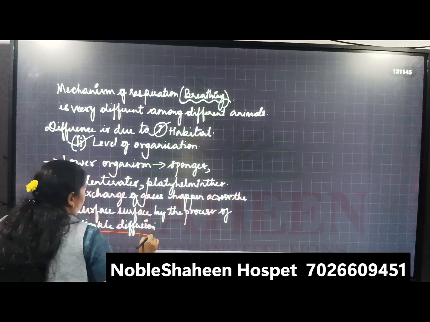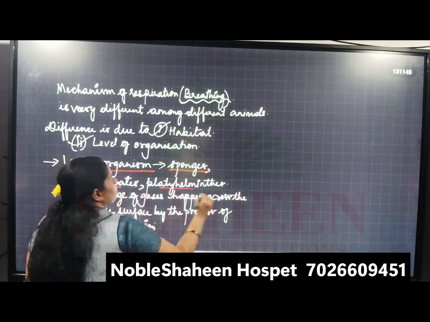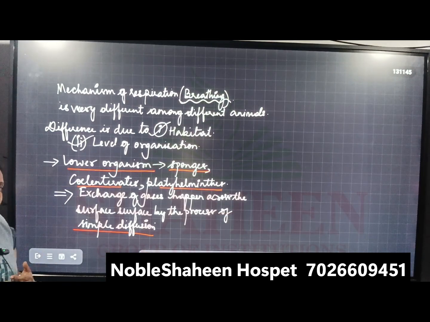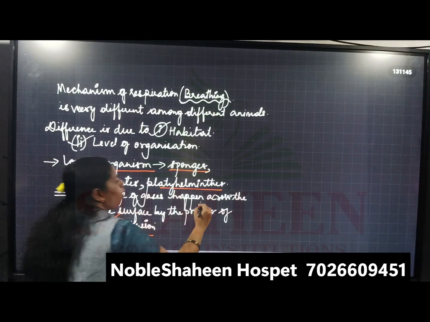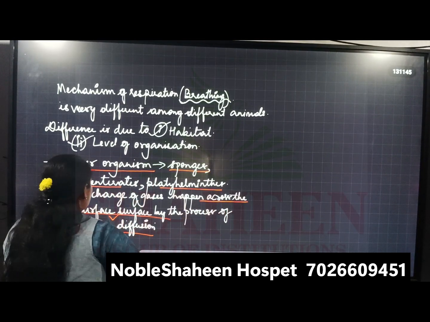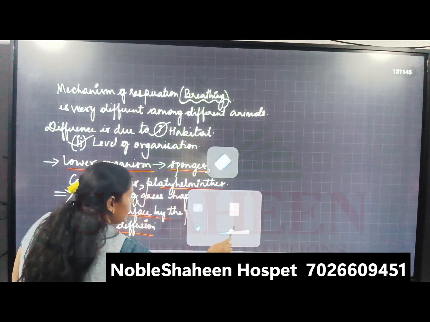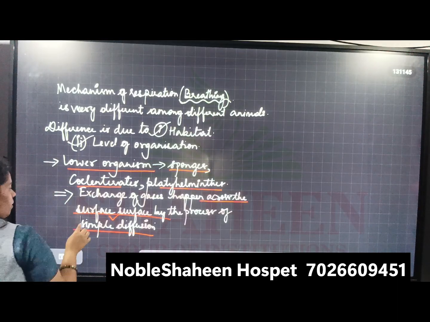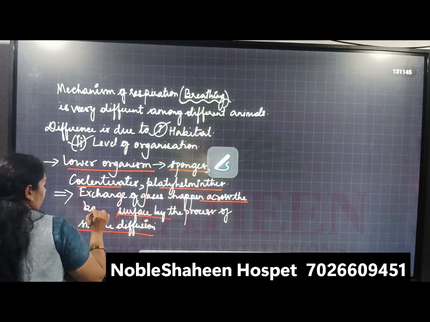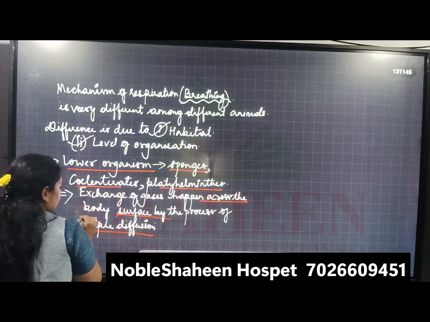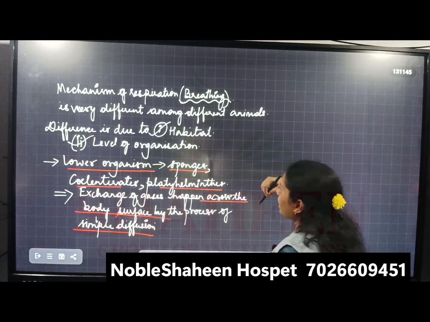Okay, so in the case of all these lower organisms like sponges, coelenterates, platyhelminthes, how exchange of gases is going to take place? It's because of simple diffusion, and it is happening all the way across their body surface. Okay, I have written it twice here. Let me correct it. Body surface. Yes.